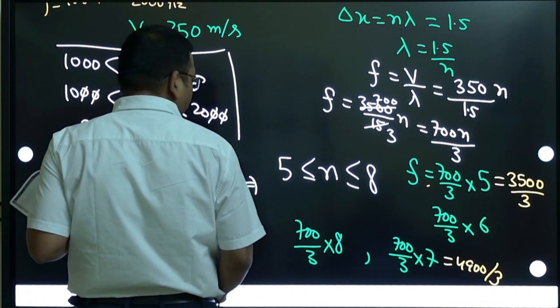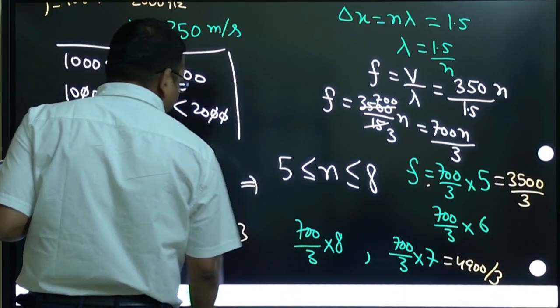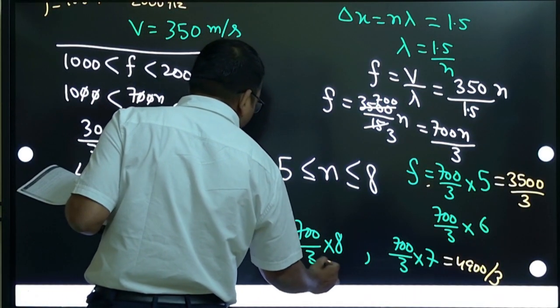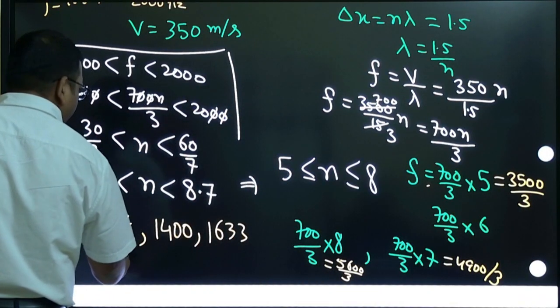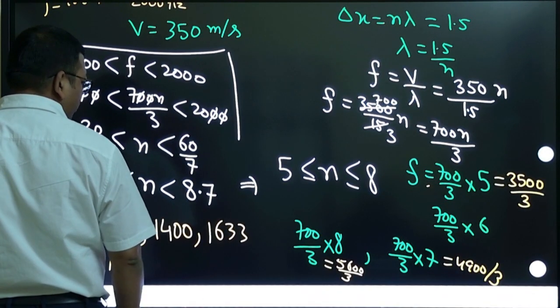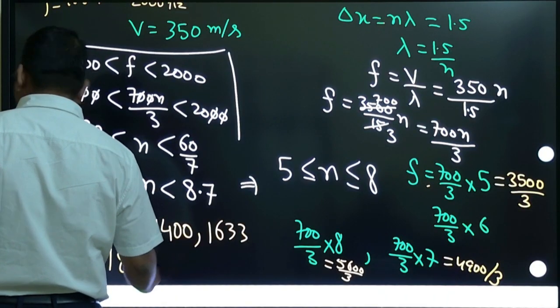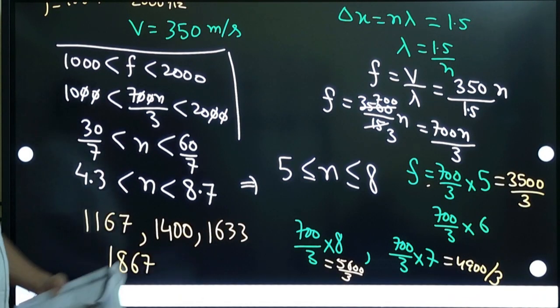Nearly 1633. Yes. Last one, this becomes how much? 5600 by 3, so nearly 1867 you can take, correct? Yes, this is the answer.